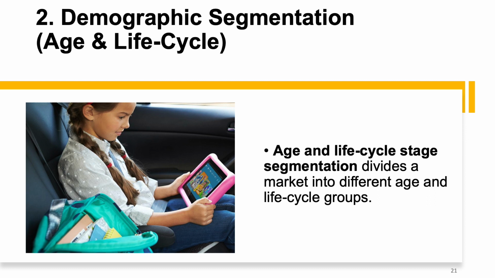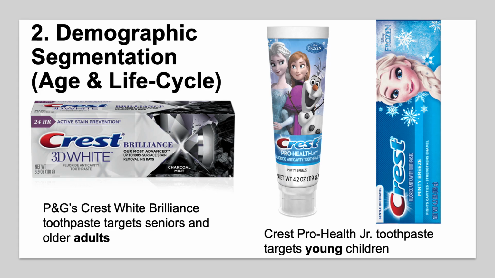Consumer needs and wants change with age. Some companies offer different types of products or use different marketing approaches based on age and life cycle groups, and other companies offer brands that target specific age or life cycle groups. P&G's Crest White Brilliance toothpaste targets seniors and older adults.